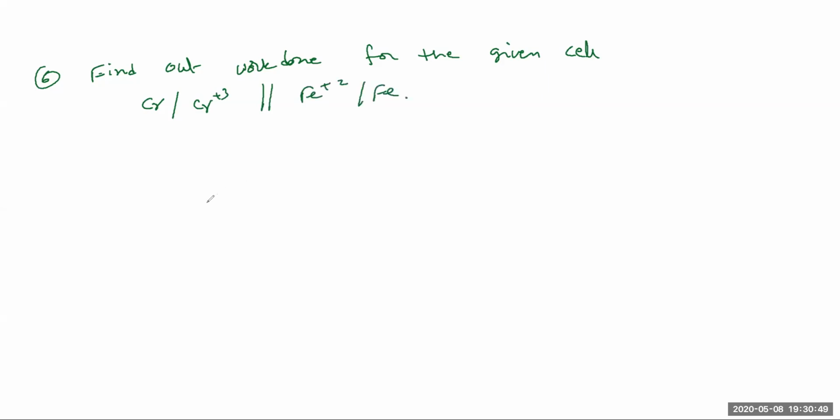So chromium oxidation, iron reduction. So E naught of chromium Cr plus 3 is equal to 0.74 volts, and E naught of Fe plus 2 to Fe is equal to minus 0.44 volts. Solve the solution.